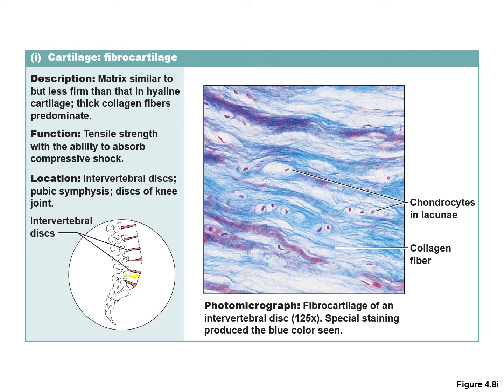So here you have your vertebrae, and between them you have this intervertebral disc. It's also found in the discs of your knee joint and pubic symphysis. And pubic symphysis connects your hip bones, or coxa bones, together, right?